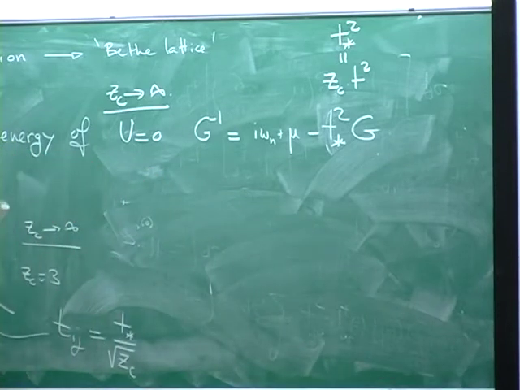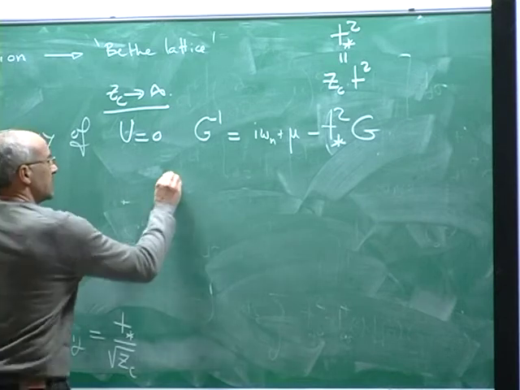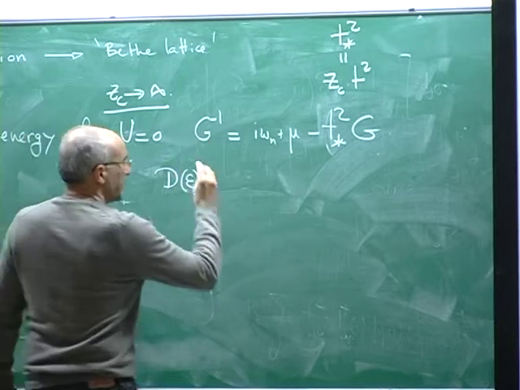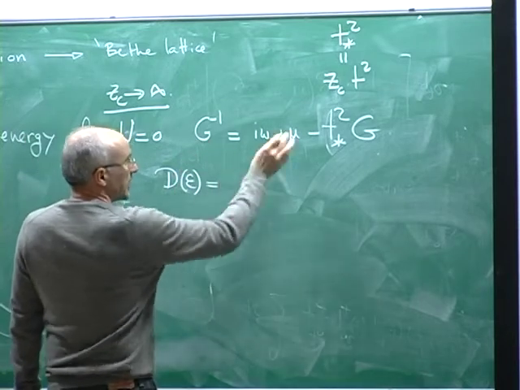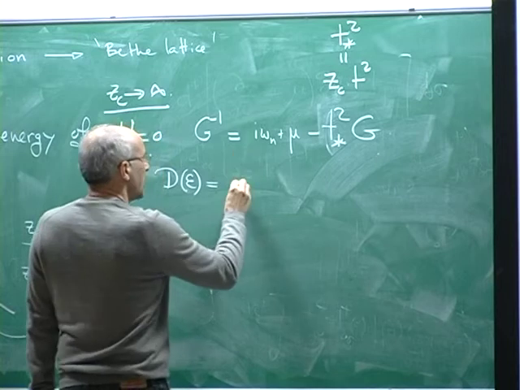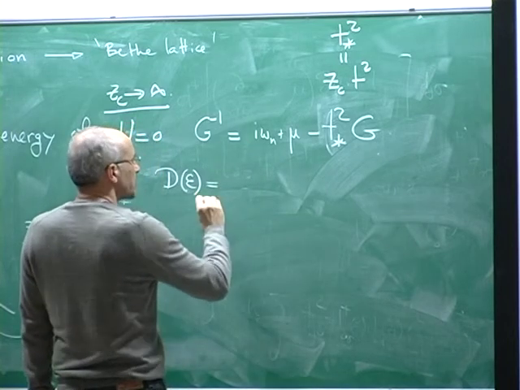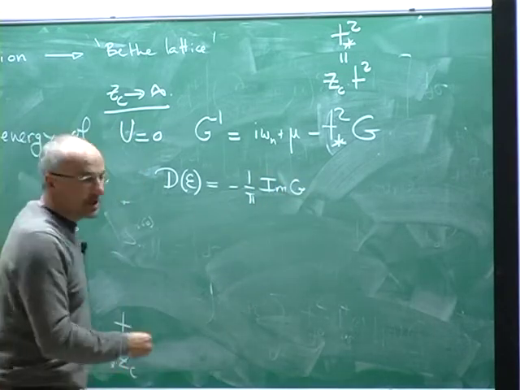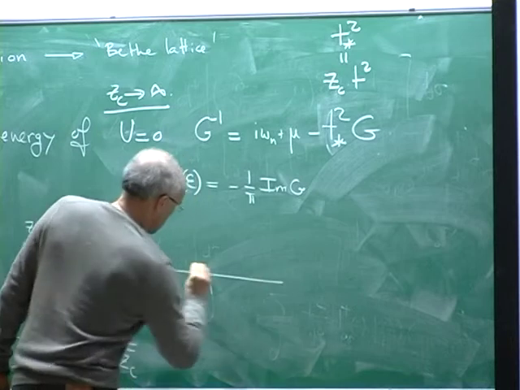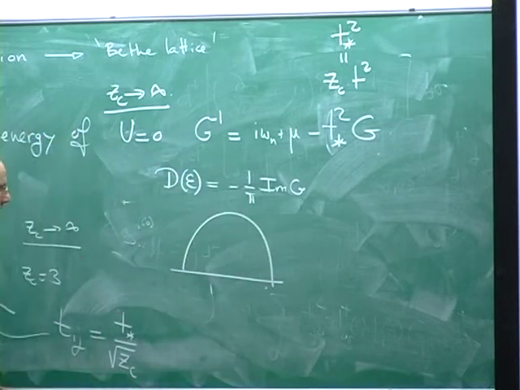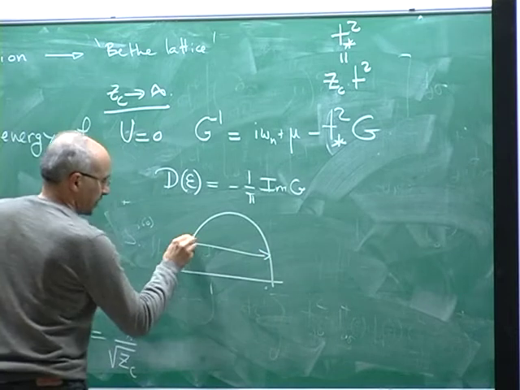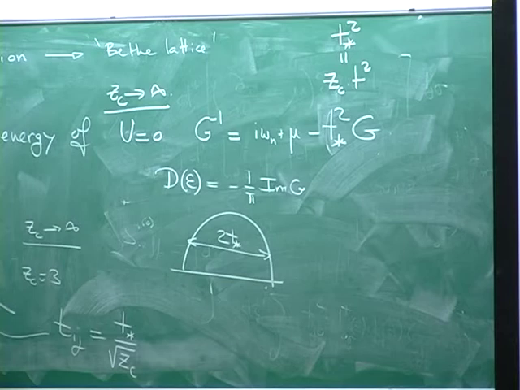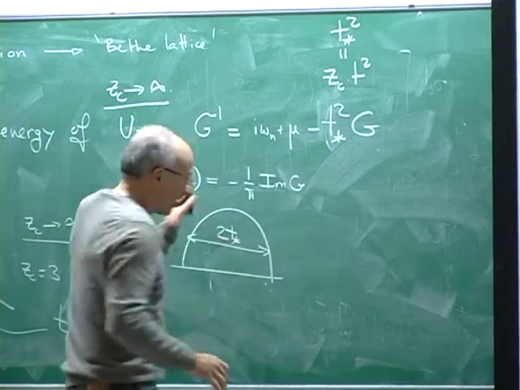is that the corresponding density of states, D of epsilon, let me call epsilon omega plus mu, of this Green's function, which is minus 1 over pi imaginary part of G, is actually a semicircular law, of width, if I remember correctly, 2t star, and it's correctly normalized and so on.